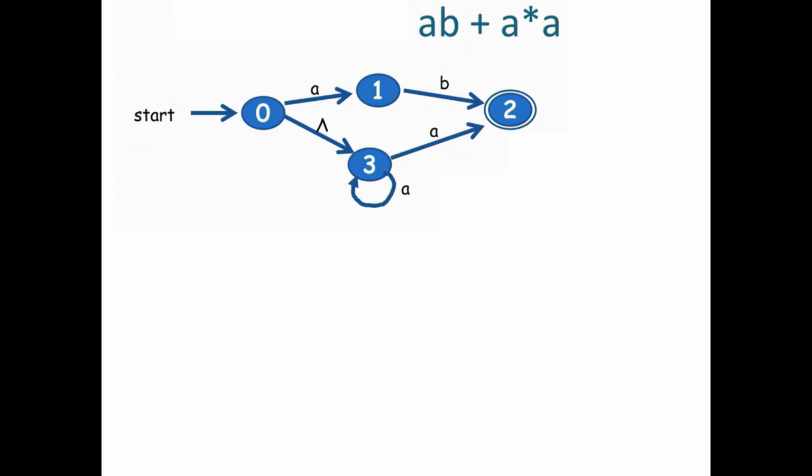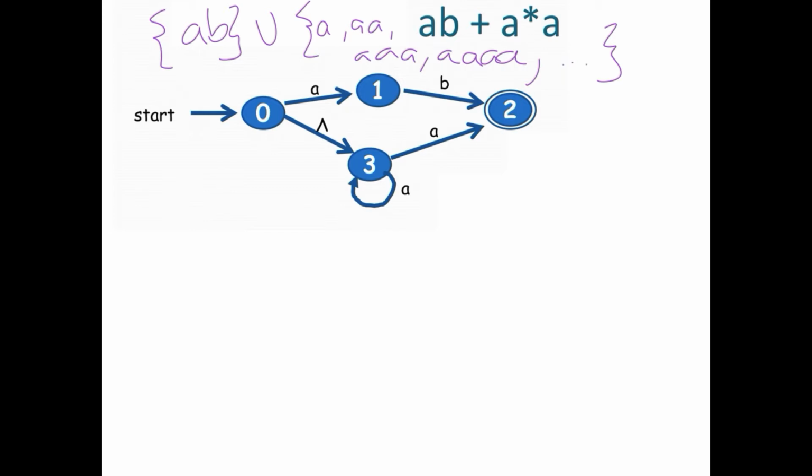The string AB is in the language, and other than that, it is all strings made up just of A's that have at least one A. So we could write this out as the set containing AB unioned with the set containing A, AA, AAA, dot, dot, dot.